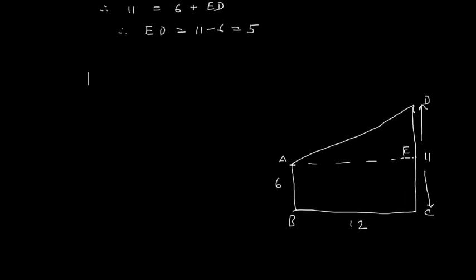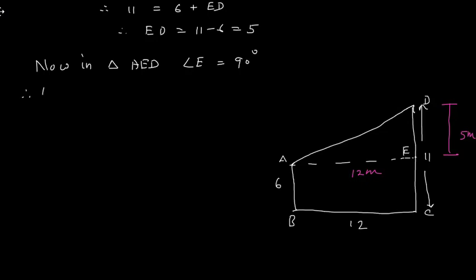So I got the value of ED as 5 meter. This distance is 5 meter and this distance I got 12 meter. So now I will take triangle. Now in triangle AED, our angle E is 90 degree.